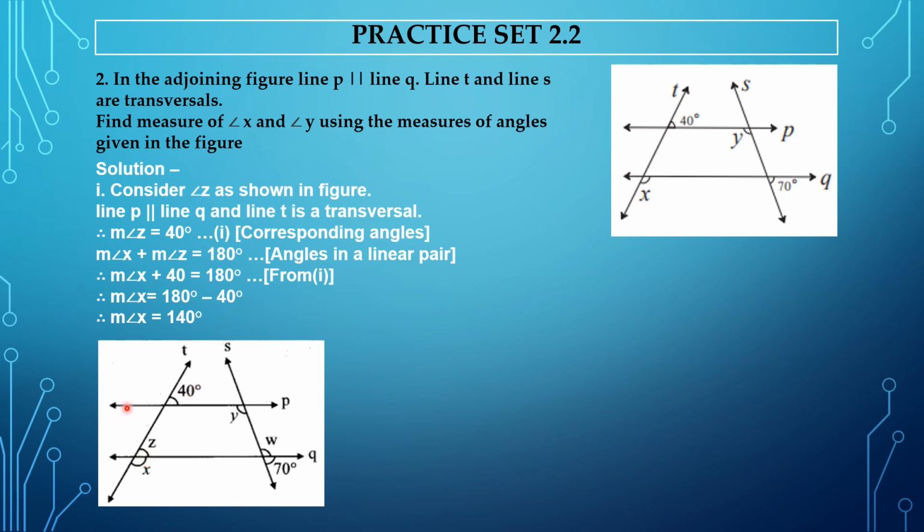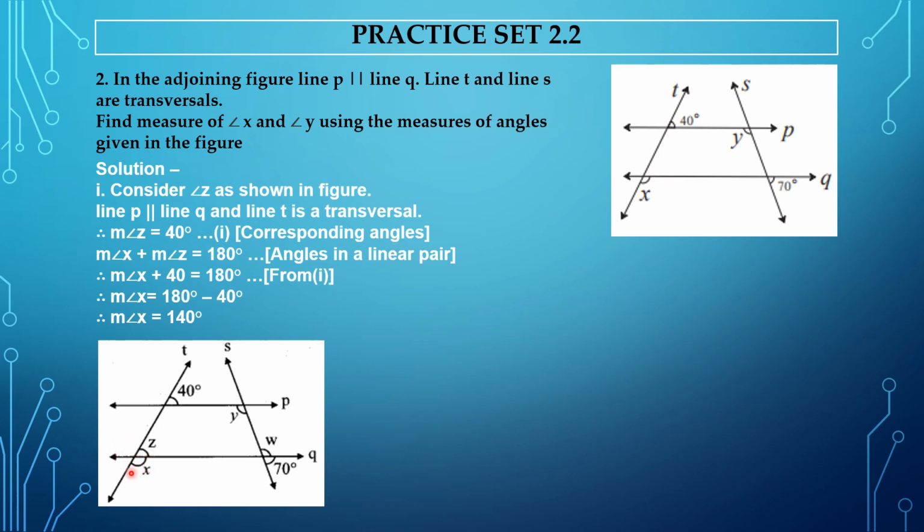You'll mention line P is parallel to line Q, and let's take only one transversal first, that is, line T. If you see, angle Z is equal to 40 degrees because it forms a corresponding angle. So the measure of angle Z is 40 degrees, corresponding angle.